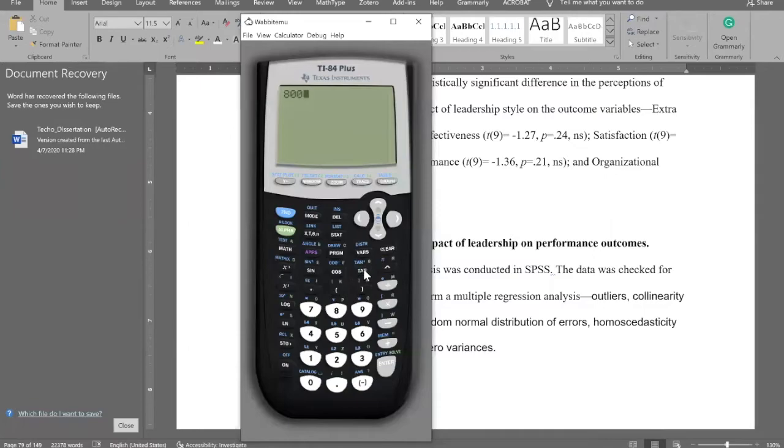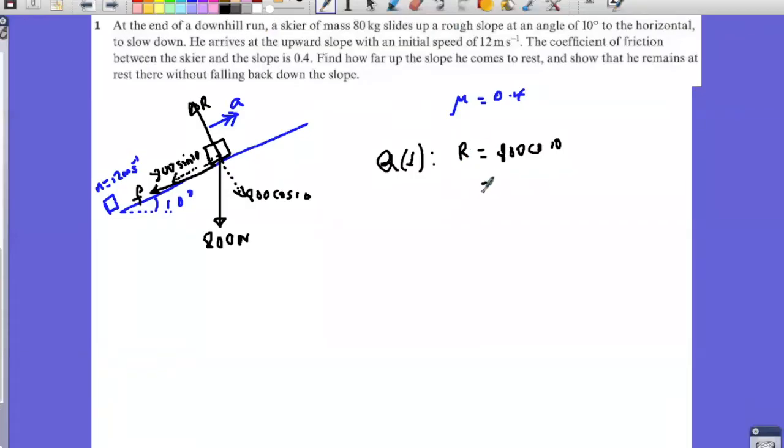My calculator is in radians, so always remember to put it in degrees if you have to make a calculation. 800 cos 10 is 787.85. So R is 787.85 newtons.